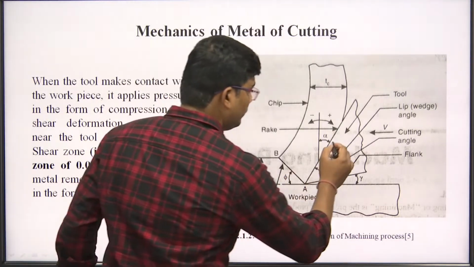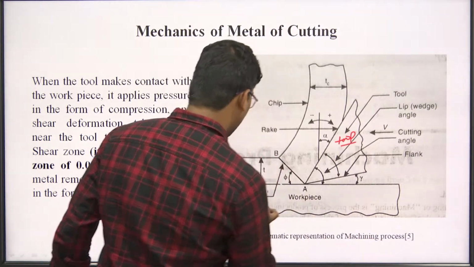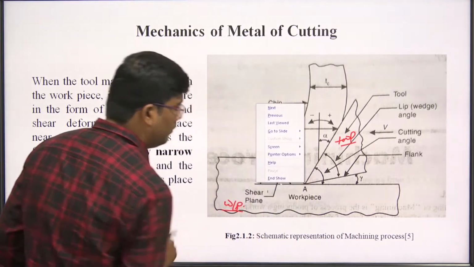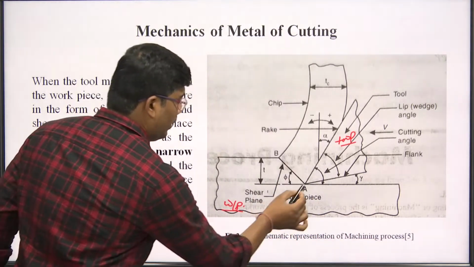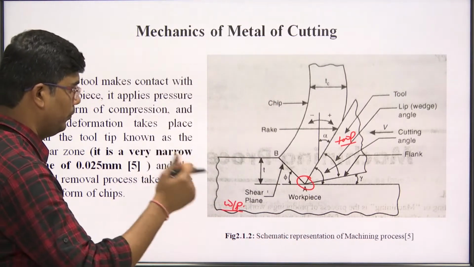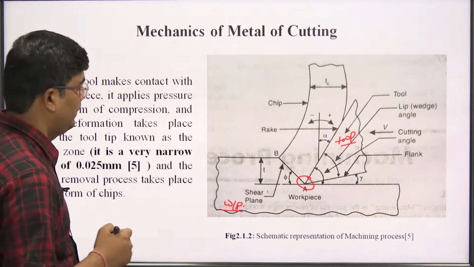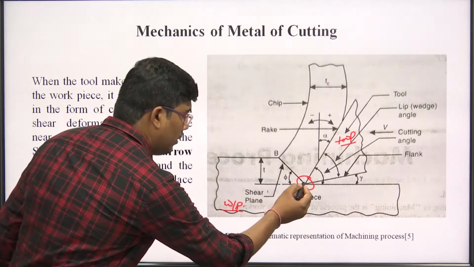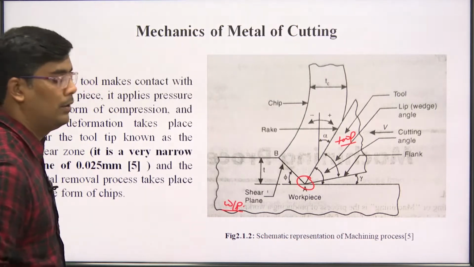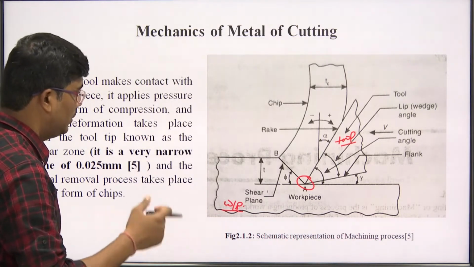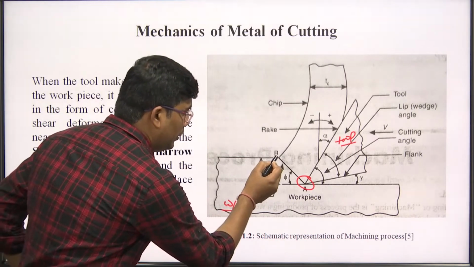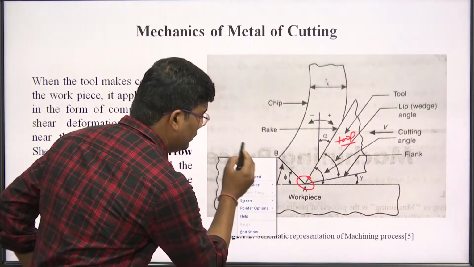This is a tool and this is our workpiece. This is the tip of the tool. Here we apply the pressure in the form of force, that is known as a cutting force. When cutting force is applied here, a compression will be created and a shear zone will be formed, because shear forces are developed along this surface.